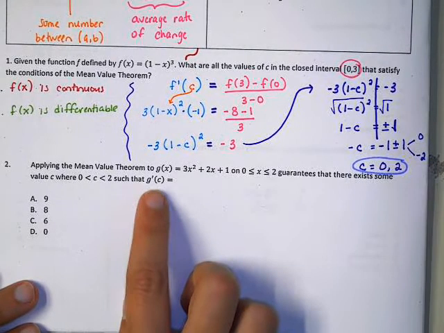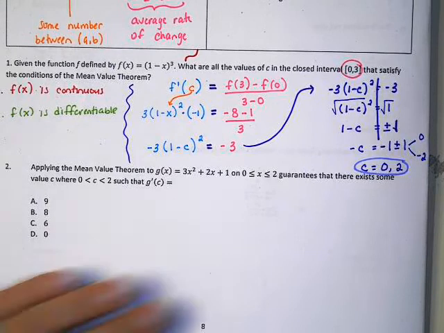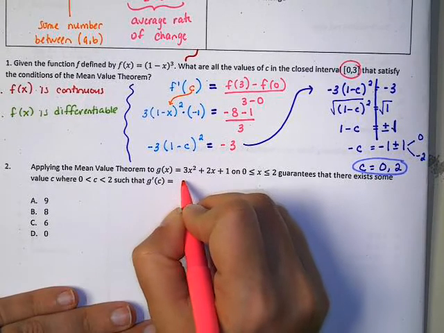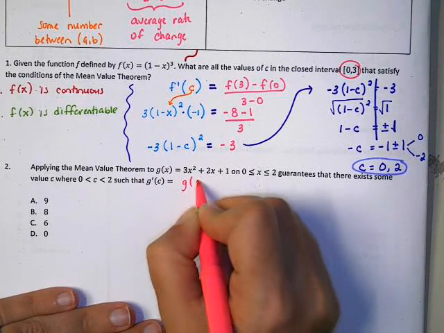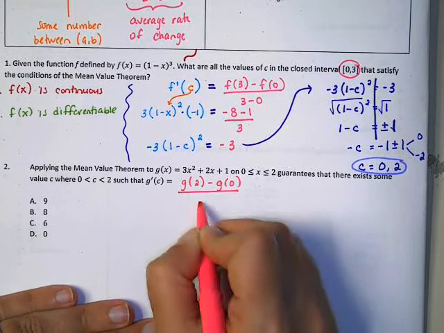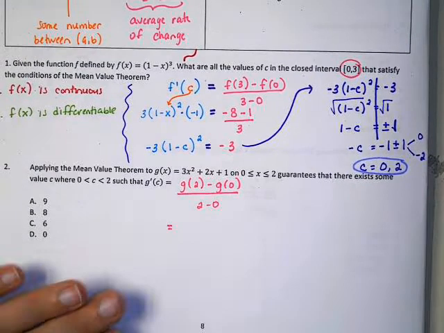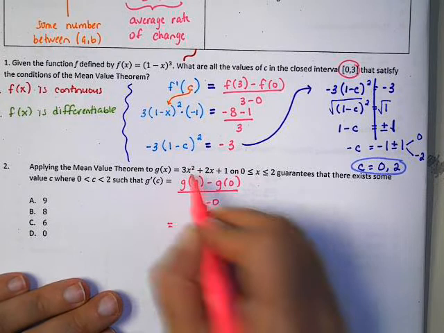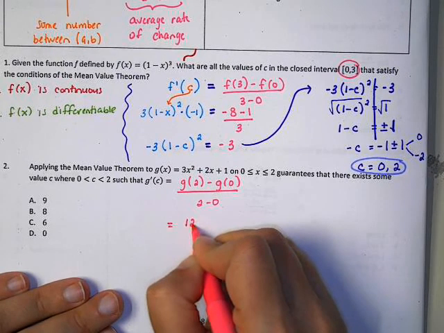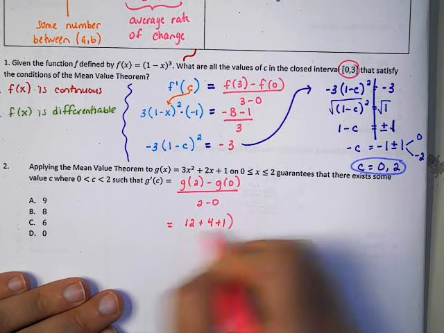So in other words, what does my instantaneous slope have to equal? Well, the mean value theorem says my instantaneous slope has to equal my average slope, g of 2 minus g of 0 over 2 minus 0. If I compute that, g of 2 would be 3 times 4, which is 12, plus 2 times 2, which is 4, plus 1.